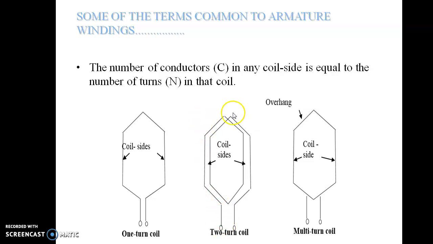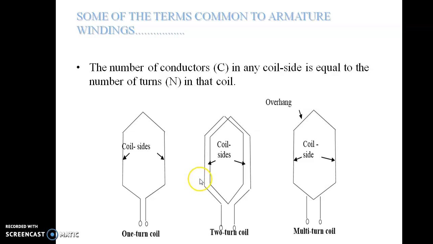And what happens in a two turn coil? The number of turns is 2, and at each side the number of coil sides is also 2, which we have discussed earlier. Here the number of conductors in any coil side is equal to the number of turns of that coil. Here the number of conductors in one coil side is 2. The total number of turns is 2. Very clear?